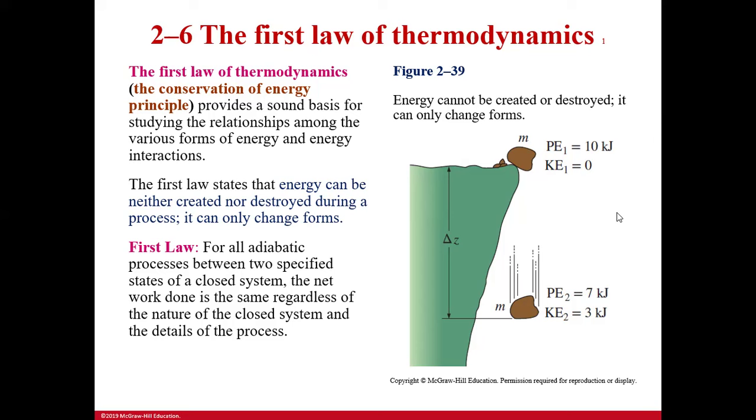It does not have kinetic energy, but when it drops some height, its potential energy changes from 10 kilojoules to 7 kilojoules because of the change in position, and the kinetic energy, because of the gain in motion of the rock, is now 3 kilojoules instead of 0 at the top.